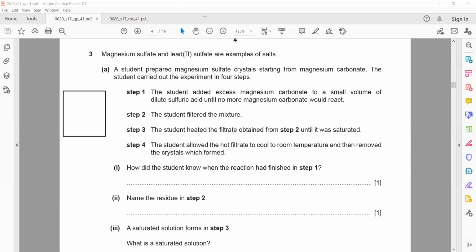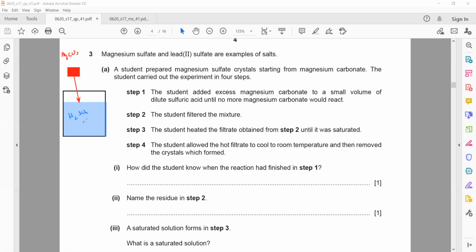You have a container filled with sulfuric acid, H2SO4. What you did in this, you add magnesium carbonate.